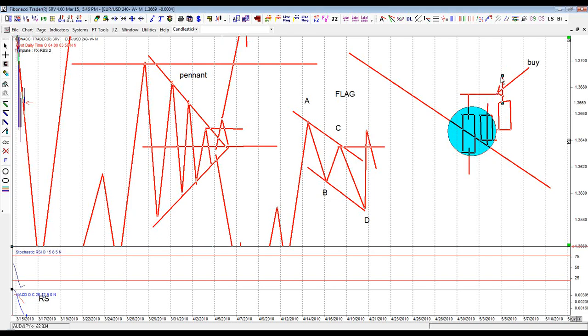We don't need to have a candle closing above this level. This level will be the trigger. Once it's formed, we can enter. So what we need is a candle closing above the trend line, and then the high of that candle will be the buy entry.